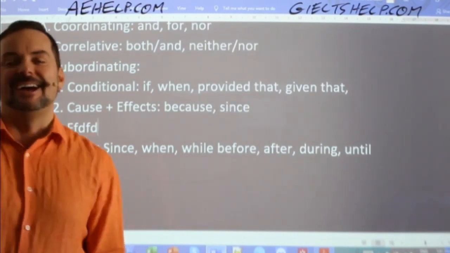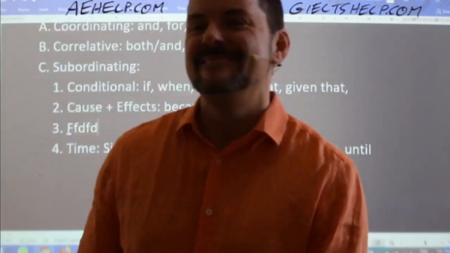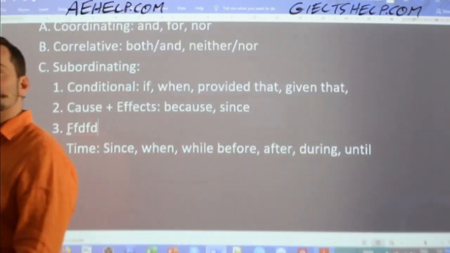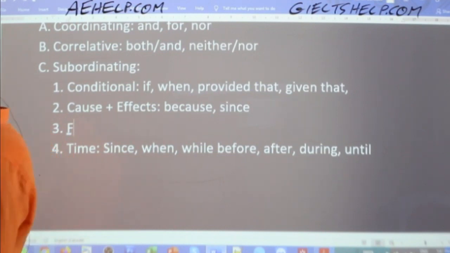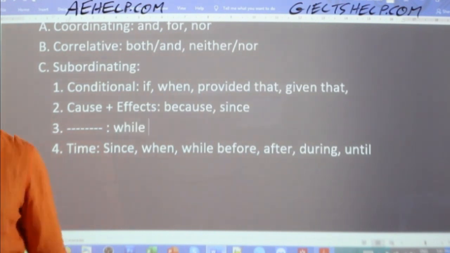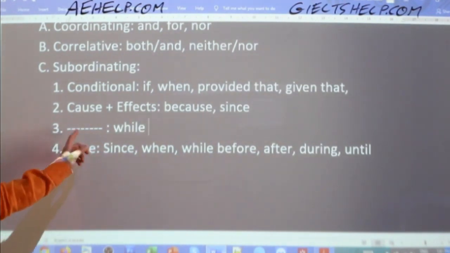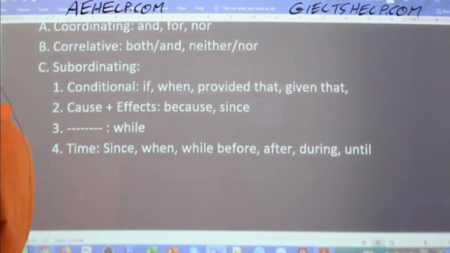Sorry, I just had a couple of thoughts going through my head there. Okay, I still didn't see this one here, but one of the ones that we use here is while. Can anybody tell me what the third group is? Another one that we use in this third group is however. So what's the missing group here?